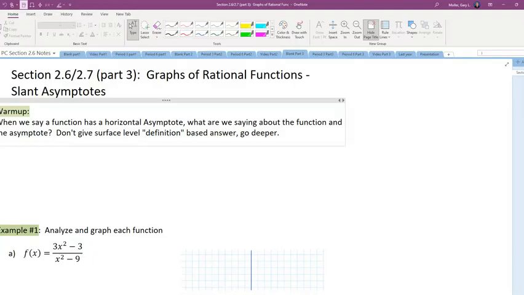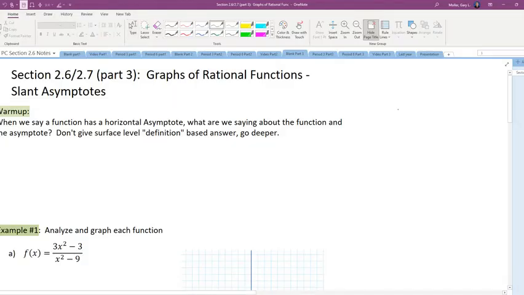Okay, so there's lots of ways to think about what a horizontal asymptote is, and I've been trying to drive home the point that it's certainly a discussion about end behavior. So anything we discuss here, we need to make sure we understand that when we're talking about the horizontal asymptote, we're talking about what's happening to the function on the far reaches.